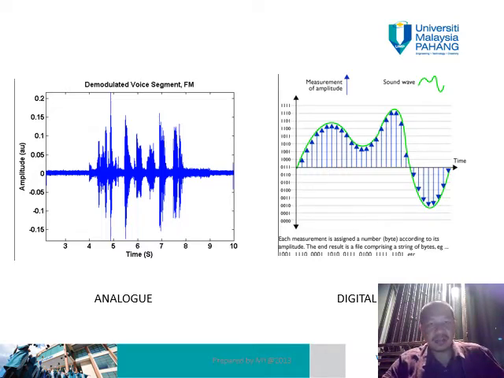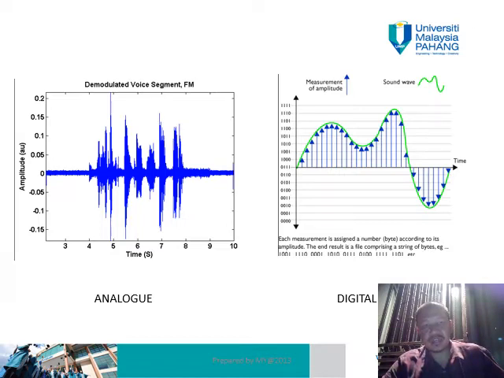Okay, when we are going to transmit the signal, sometimes we need to convert the analog signal into digital signal. The signal will go through some process, and we convert this continuous signal into digital, which is discrete.